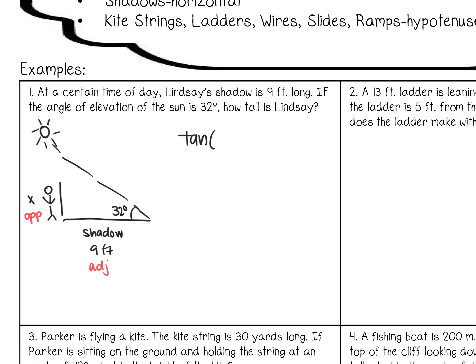We have tangent of 32 equals the opposite side x over 9. To solve for x, we're just going to multiply both sides by 9. And we're going to get 5.6 feet.